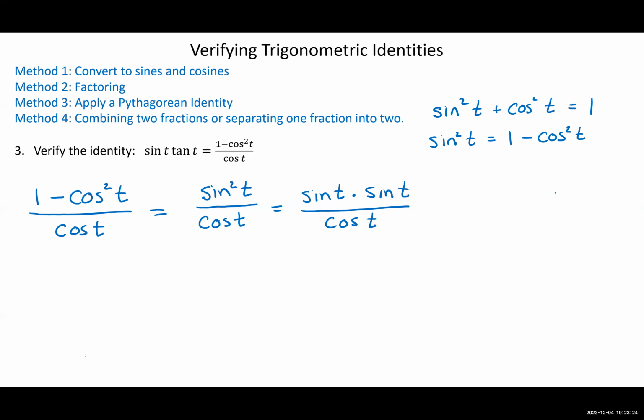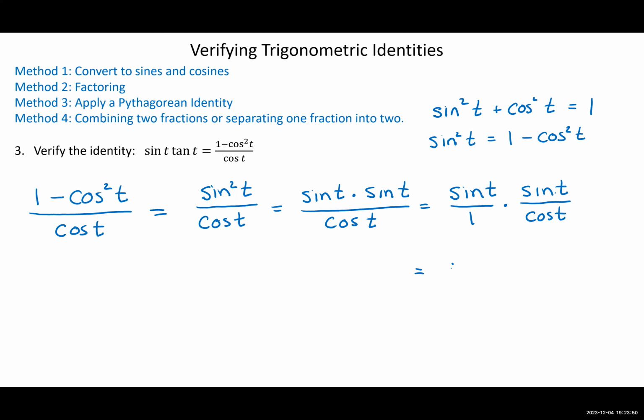So we could split this fraction up into two fractions. So this is sine of t over 1 times sine of t over cosine of t. We got two sines on top. We got a single cosine on the bottom. That looks good.